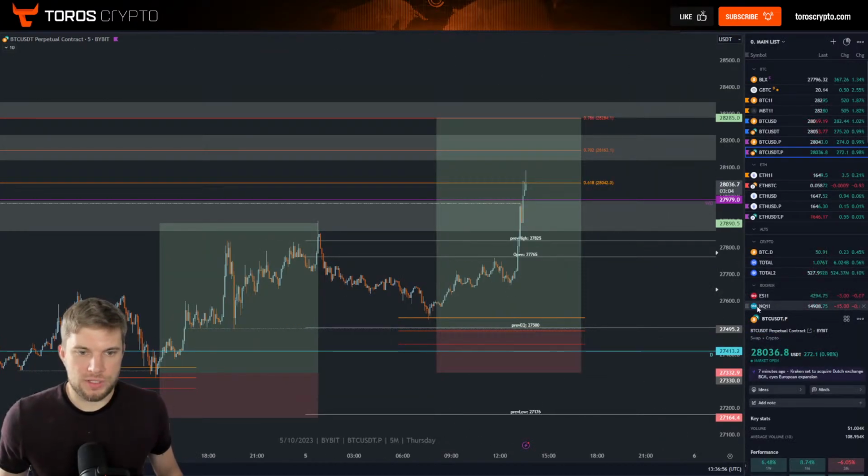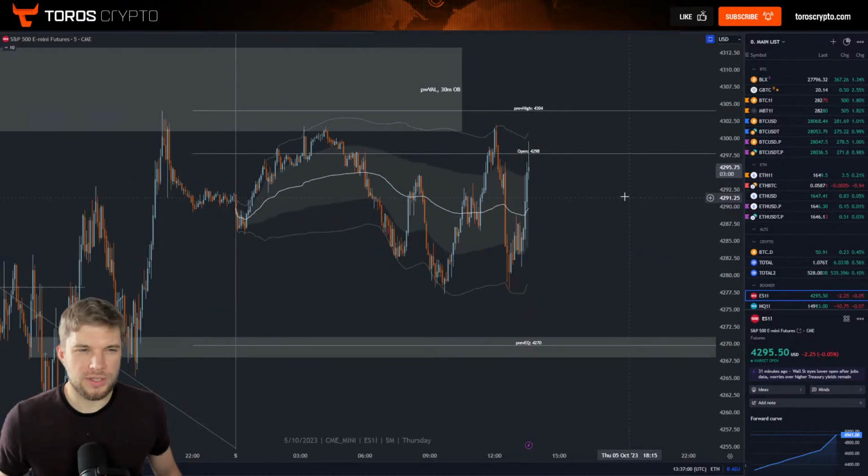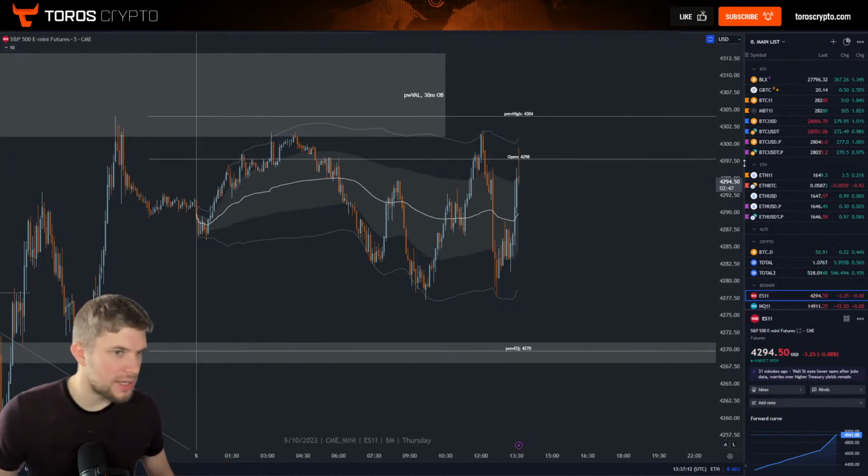Let's go back over onto the NQ. So ES is back at the, well, not the UTC open. I don't know where it puts the open on these things. I don't know how this open is calculated.